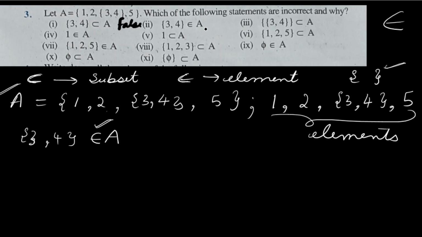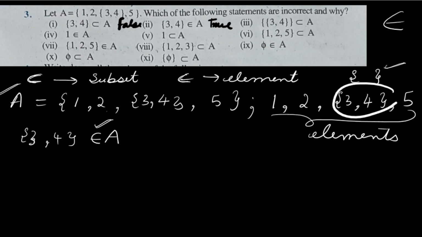Second one, {3, 4}. See, this I have already explained to you. It should be belongs to because {3, 4} is an element. So this is true. In the first itself I have explained. Then third part. Now they have given, see, when we write an element inside the curly braces, then it will become a set.